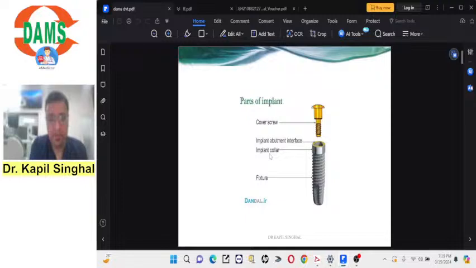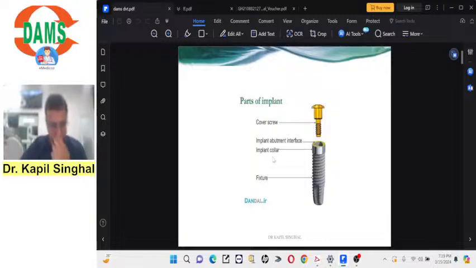The initial PRF that we rotate at 3000 RPM for 10 minutes is known as LPRF. L stands for leukocyte PRF. If they haven't specified IPRF or LPRF, then you have to give your answer according to LPRF, that is leukocyte PRF. So LPRF is formed when the test tube is spun at 3000 RPM for 10 minutes, and IPRF, that is injectable PRF, when the test tube is spun at 700 RPM for 3 minutes.